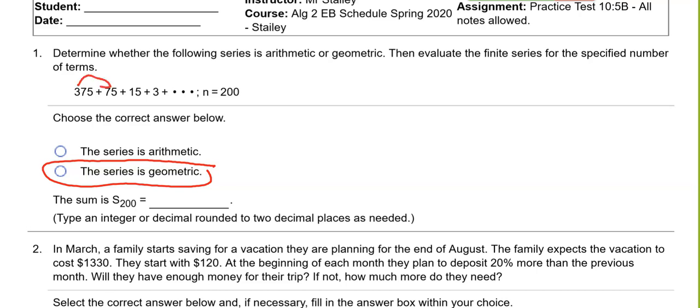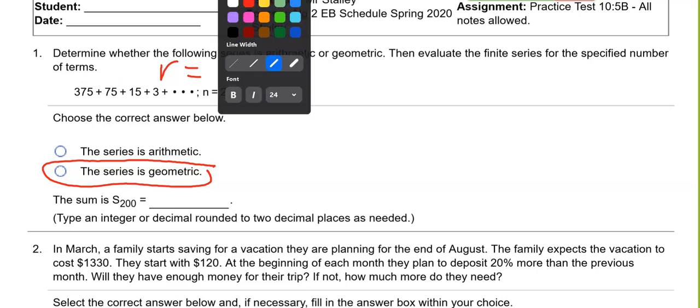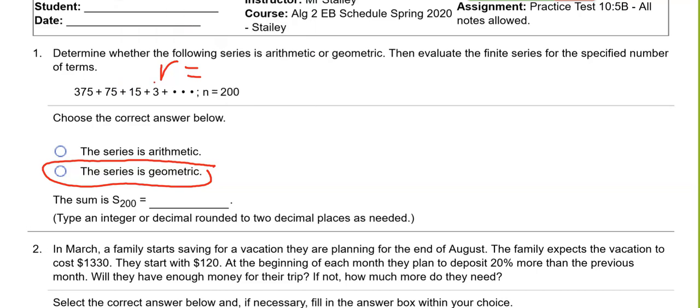And so what are we multiplying by each time to go from one term to the next to the next? It might actually be easier to use the smaller numbers, such as the 3 and the 5.